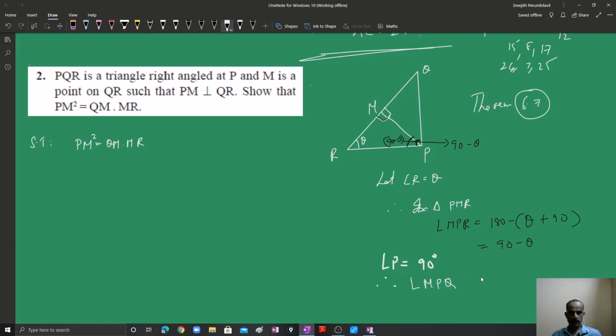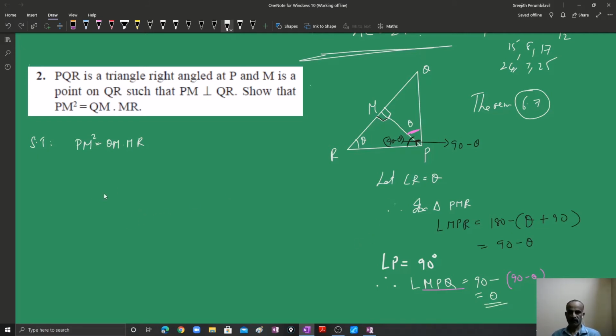MPQ, the whole thing is 90, that is equal to 90 minus the previous angle. That angle is how much? 90 minus theta; the entire angle is 90. I'm just talking about this angle, that is our MPQ. MPQ is equal to 90 minus (90 minus theta), so that will be equal to theta.